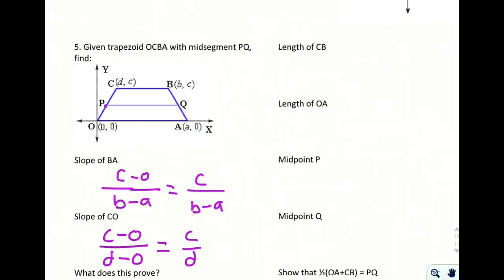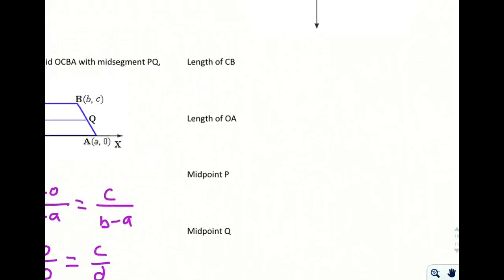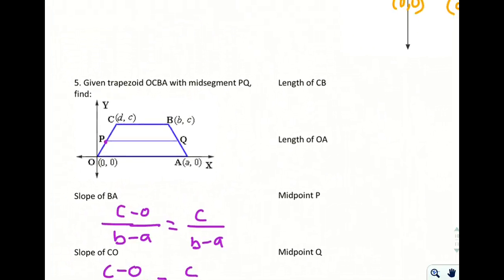Clean up our picture. And now we want to find the length of CB. Distance formula says let's find how far apart our x's are and how far apart our y's are. So our x's would be d minus b apart. D minus b apart. Let me square that.